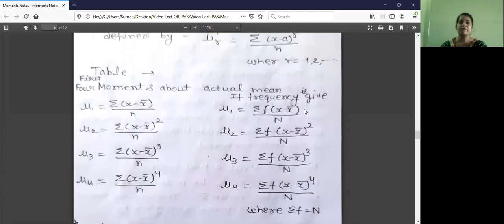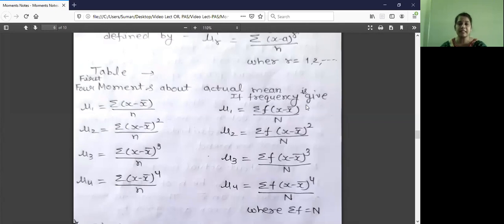In case frequencies are given, we are given x and f both, then our first moment about actual mean mu1 is equal to summation f times bracket x minus x bar, mu2 is equal to summation f x minus x bar whole square divided by capital N. Why do we write the capital N? Because we are given the frequency in our question. In case we are not given the frequency, then in the denominator we write only the number of terms.